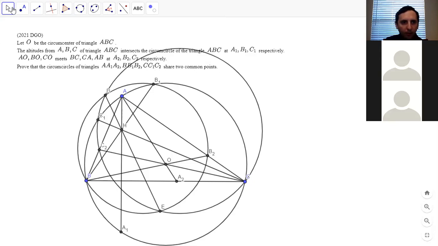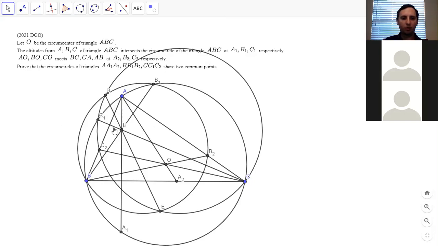So what would the power of A with respect to this circle be? I mean, maybe we could extend BA to meet it. Maybe we should try the square root of BC inversion. Yes. Because we have the isogonal lines and things like that. So it may be good.